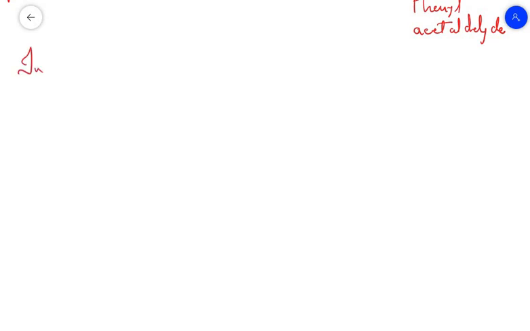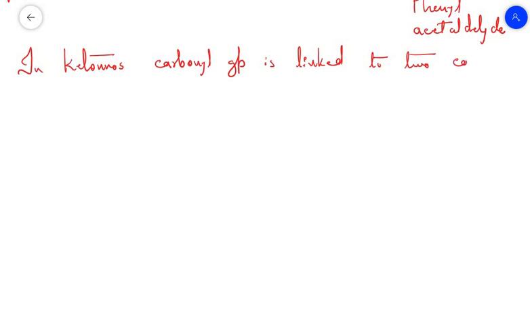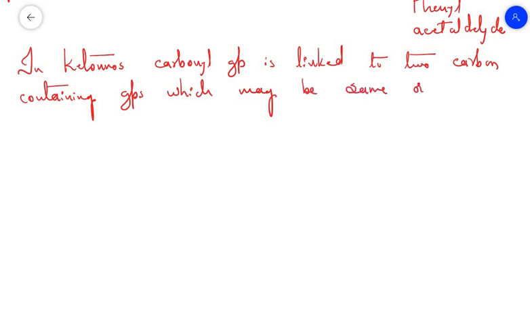In ketones, the carbonyl group is linked to two carbon containing groups which may be the same or different, either alkyl or aryl.